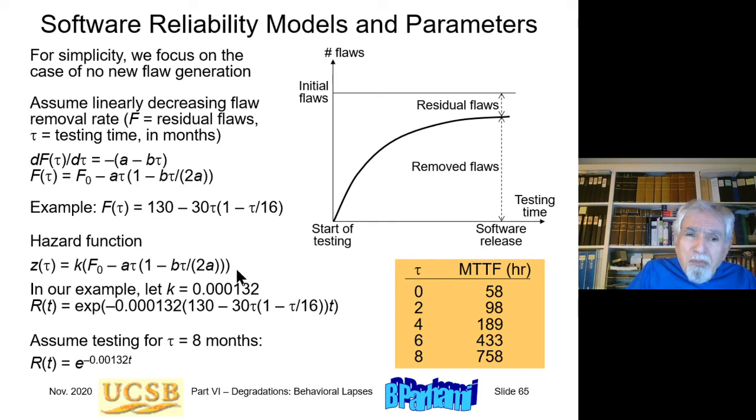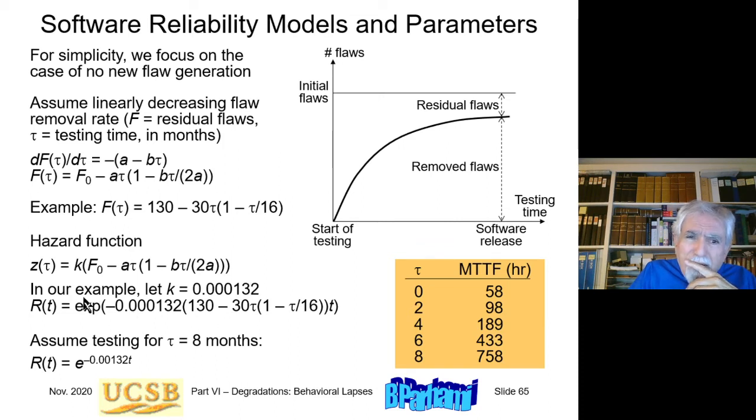Okay, so basically, if this is the number of flaws, the hazard function, or the failure rate, I mentioned, is k times the number of flaws. So this is the number of flaws from this equation. K is that constant that I mentioned, can be a very small number.